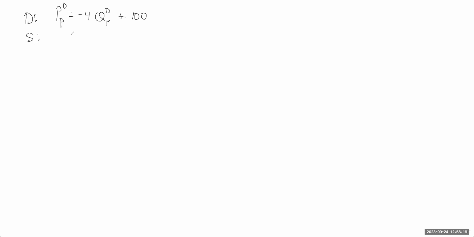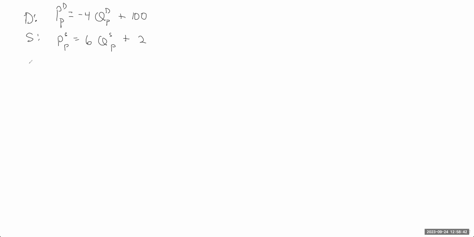The other thing is for supply. Price of supply of pizza is equal to, and this is a positive number, let's say 6 Q_S for pizza plus 2. So I have to give you all of this, and now you could solve for this.